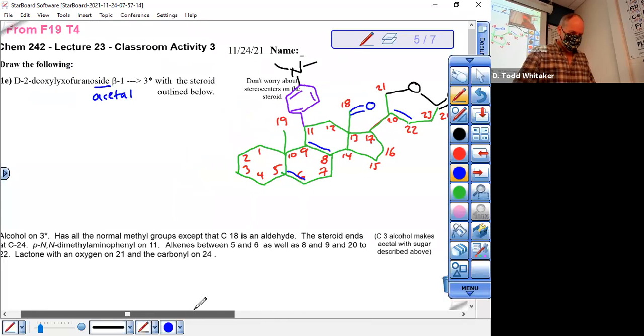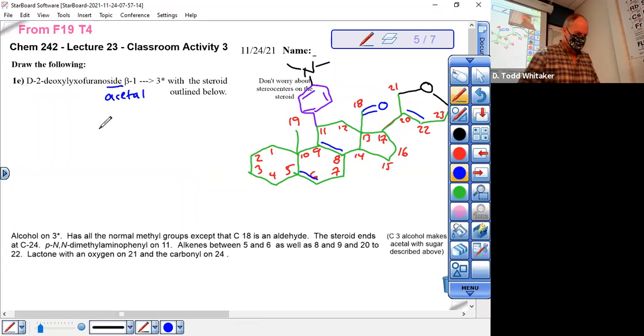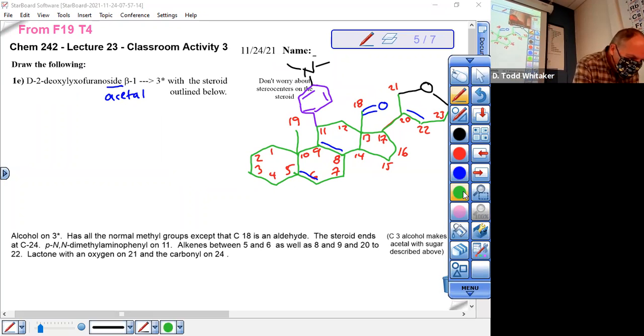And let's go with the sugar. I'll go a little slower on this. I look up on my handout, which I do have available to me. And for some reason, I remember that lyxose, watch out for this stuff here. Lyxose is the sugar. The stuff before it is deoxy.